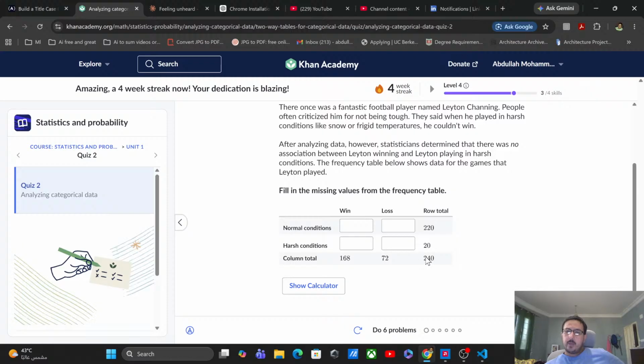It gives us nothing, so the total should add to 240. So we got 168, 20 of them here. How are we going to do this? Definitely frequency, definitely percentages, but how? Is this 220? Is this 20?